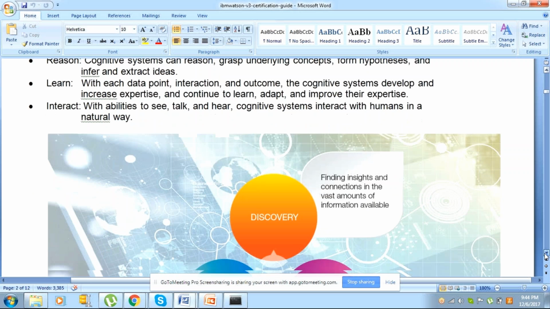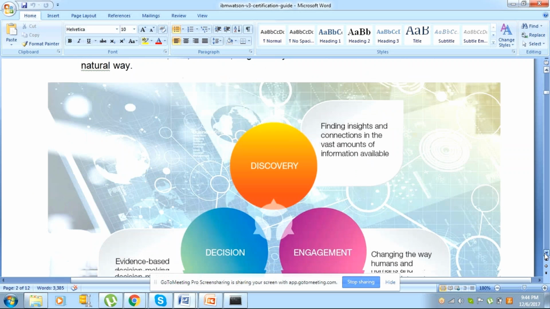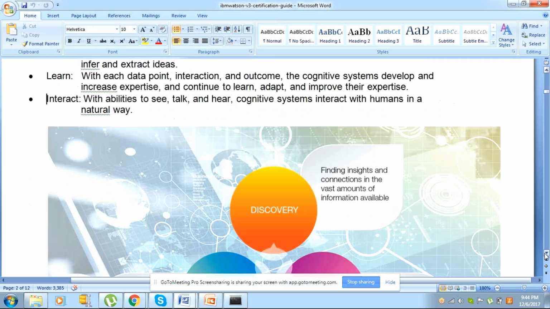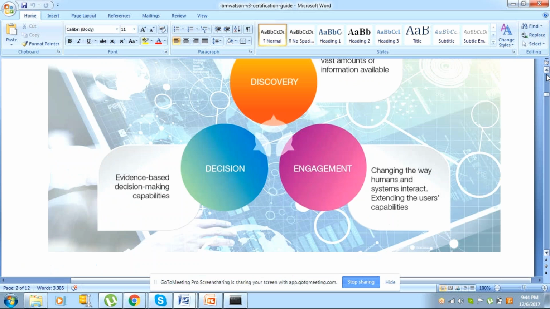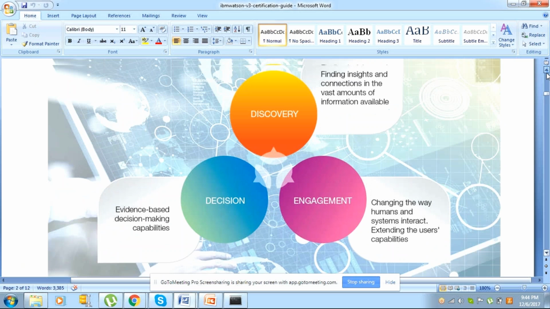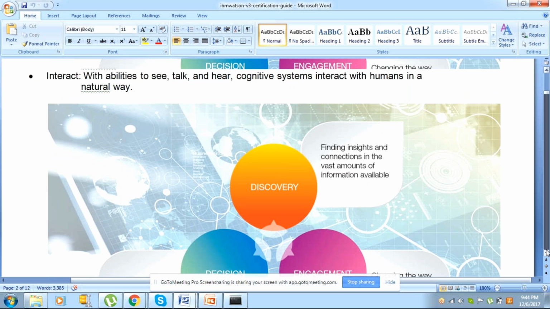So this is the diagram: decision, discovery, and engagement. These are the three things working together when we design a cognitive model and want it to be evidence-based.